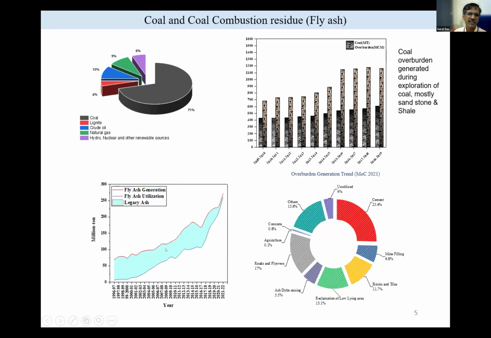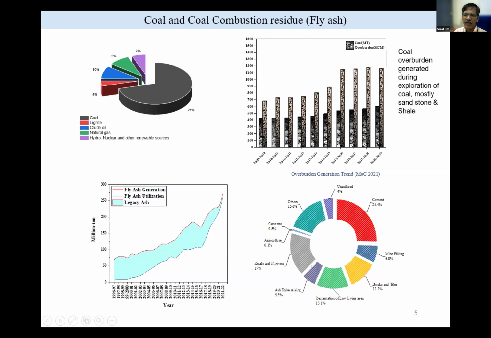In between, this gap is what we call legacy ash. This is being dumped, which has taken a vast tract of usable land, sometimes hindering the expansion of energy. Now the emphasis is on using this legacy ash, and as you see, the gap has reduced.